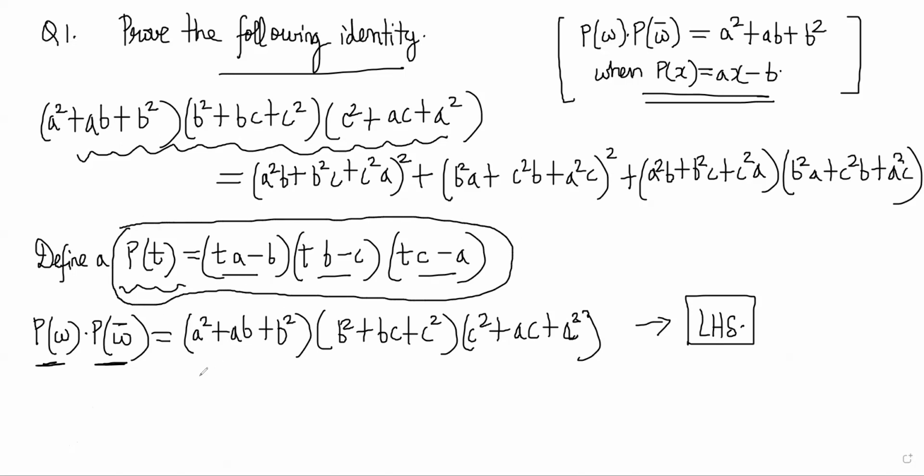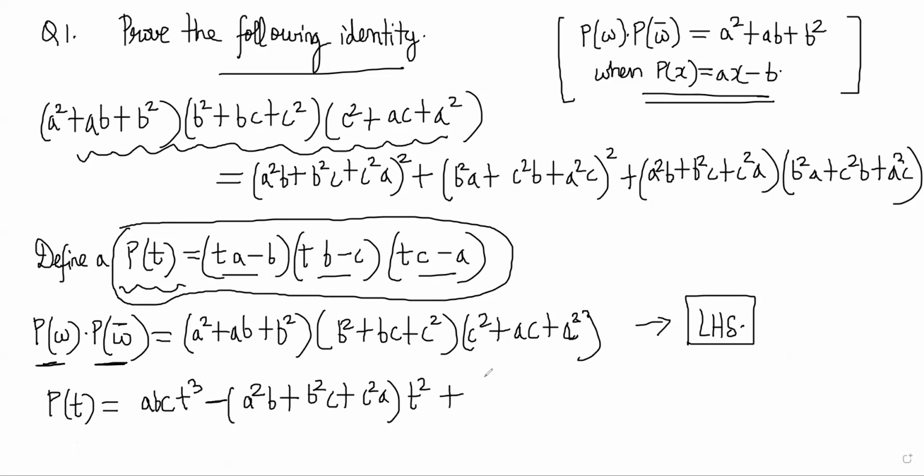Now actually let's see what is p of t. If you expand p of t, what do we get? The expansion of p of t is pretty easy to do. You just multiply everything. You get abc t cube minus (a square b plus b square c plus c square a) t square plus (b square a plus c square b plus a square c) t and minus abc.